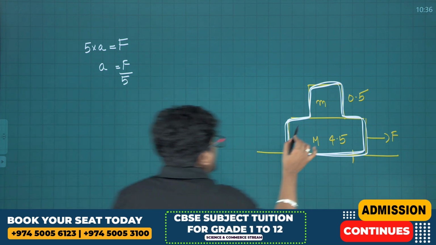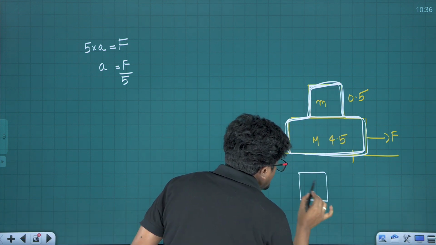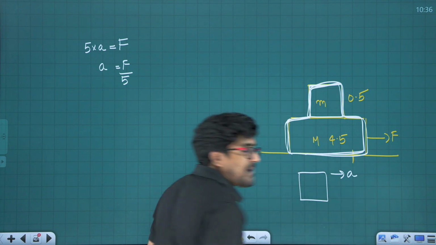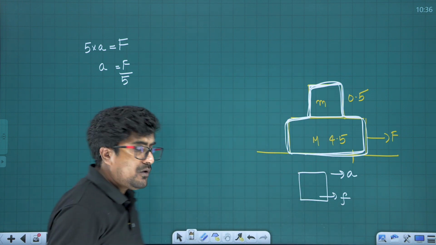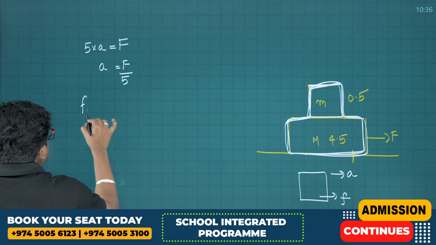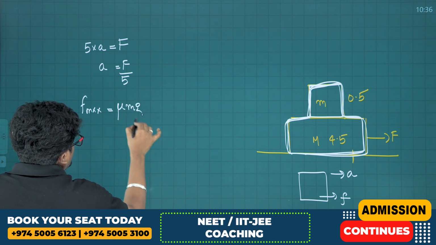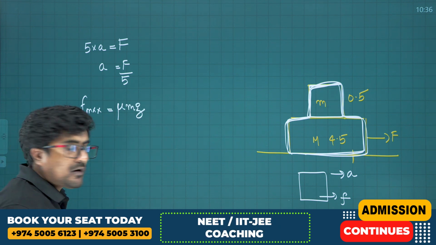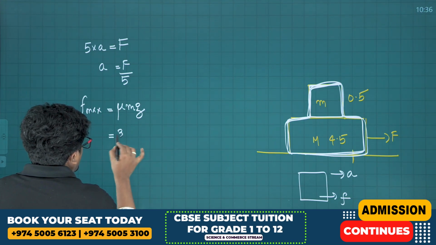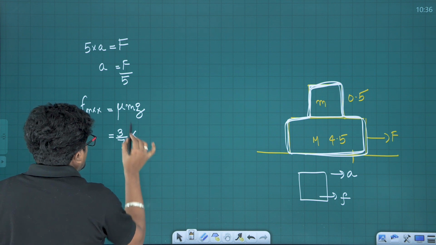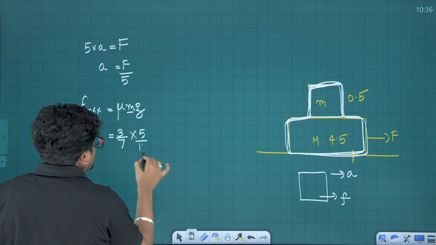Now, of course, if I consider the motion of this small letter m, that small letter m mass is moving also with the same acceleration a, but only by the friction force. And what is that F max? F max is supposed to be mu into m into g. Now what is mu here? As per the question, mu is 3/7, into what is m? m is 0.5, I can write it as 5/10.